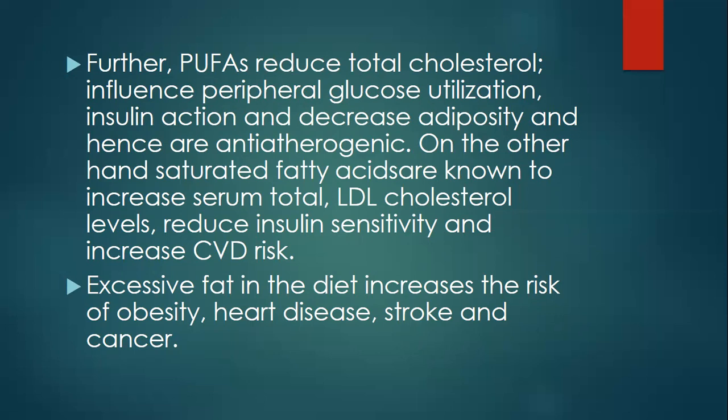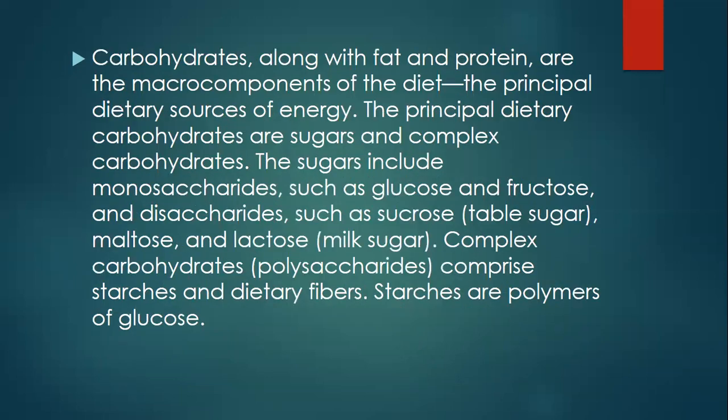Excessive fat in the diet increases the risk of obesity, heart diseases, and stroke and cancer. Carbohydrates, along with fat and protein, are the macro components of the diet, the principal dietary sources of energy.